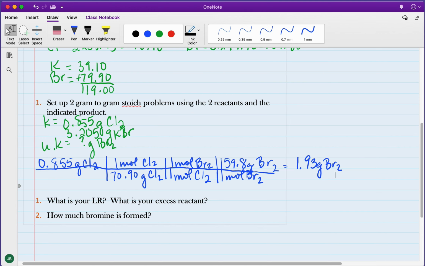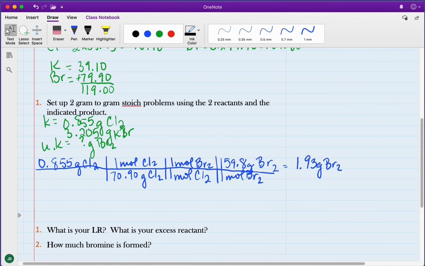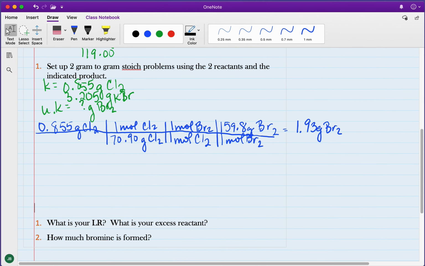All right, so let's put a little bit more space in. And let's go with a different color. And we're going to go ahead and start with 3.205 grams of potassium bromide.